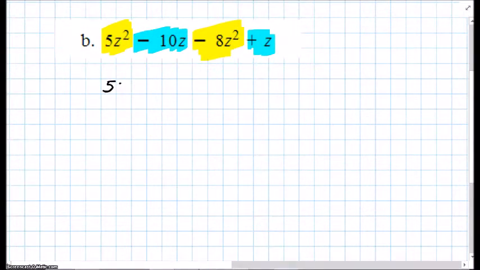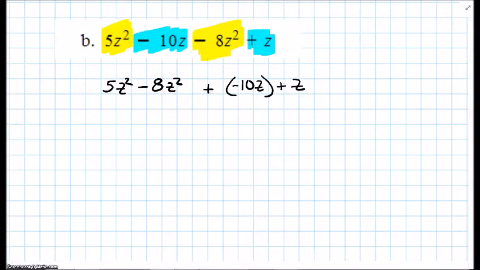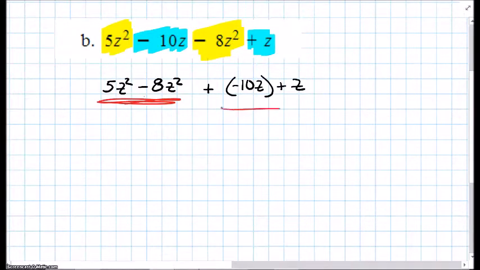That's going to be 5z squared minus 8z squared, plus, in parentheses, negative 10z plus z. These are like terms, and these are like terms.